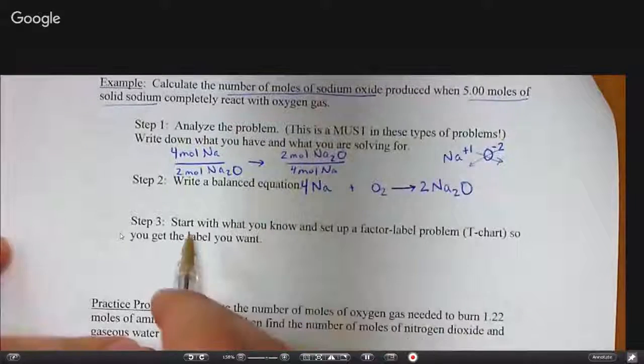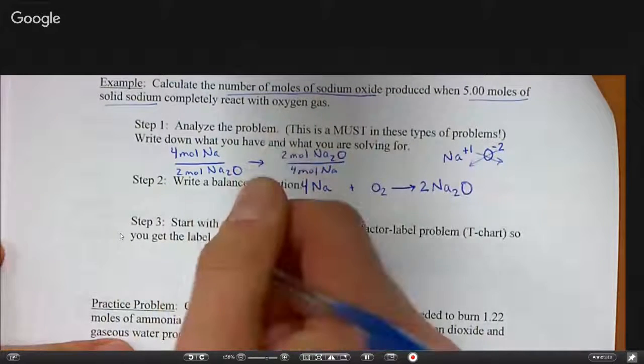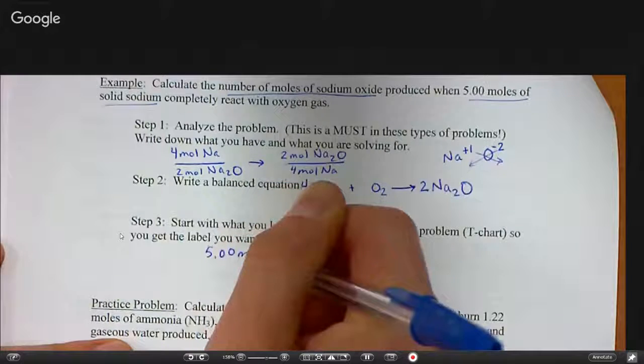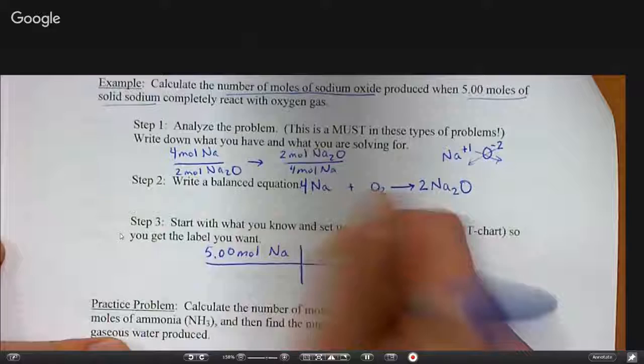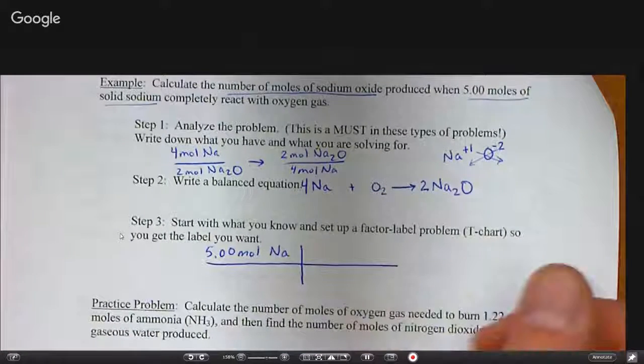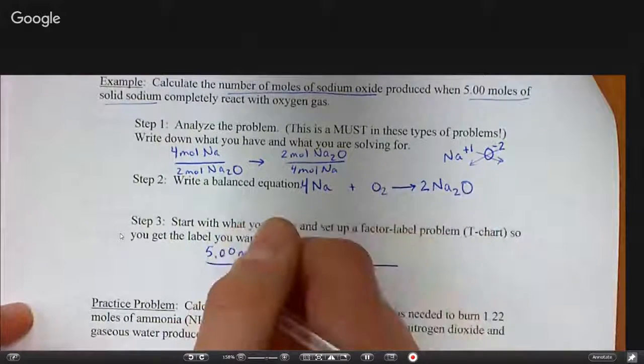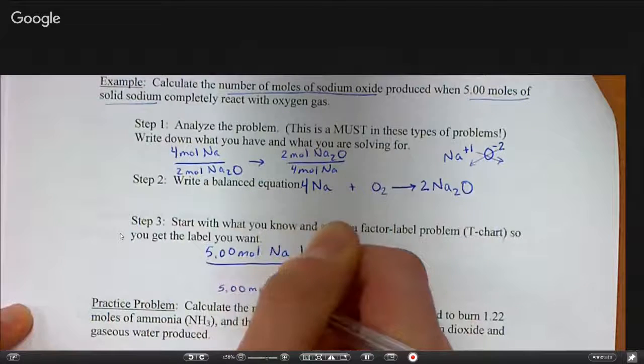So in step 3, we start with what we know. We know we have 5 moles of sodium, and we set up this T-chart, which in a lot of ways is just like multiplying fractions. So I'll write it that way as well in case you like fractions better.